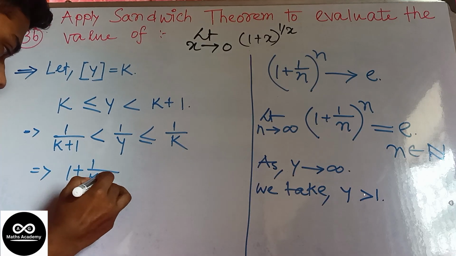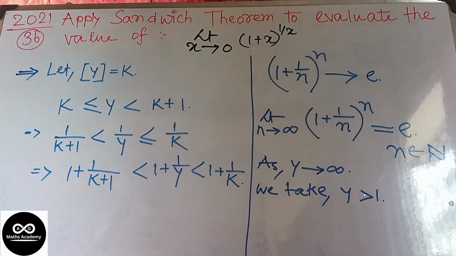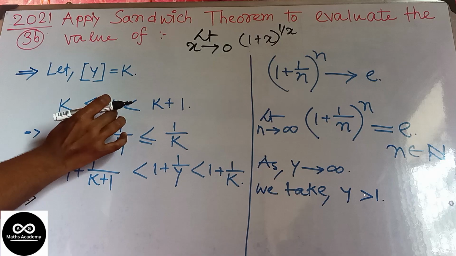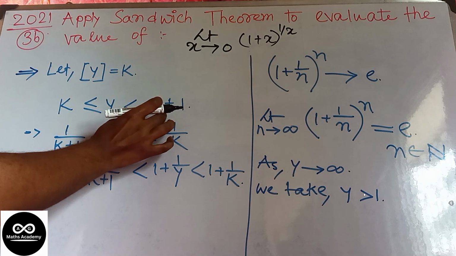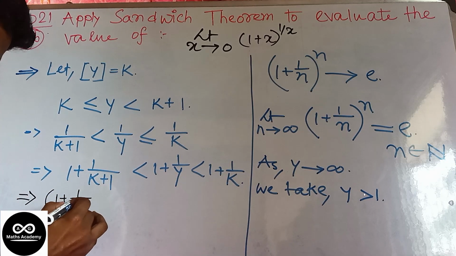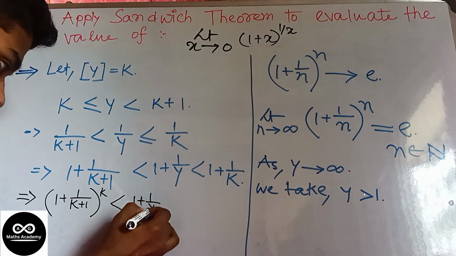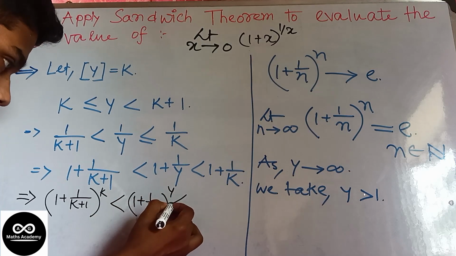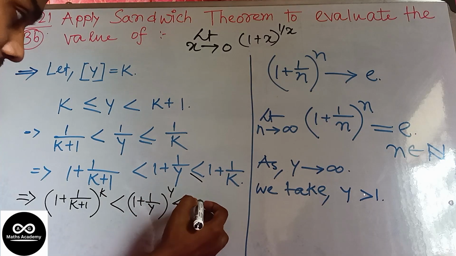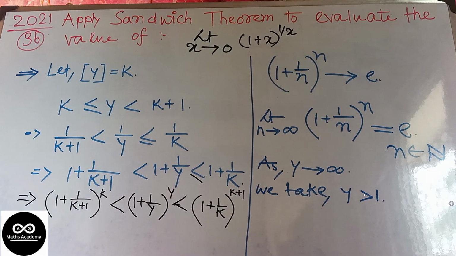Then, as k is less than or equal to y and y is less than k plus 1, we can write that (1 plus 1 by k plus 1) to the power k is less than (1 plus 1 by y) to the power y, which is less than (1 plus 1 by k) to the power k plus 1.